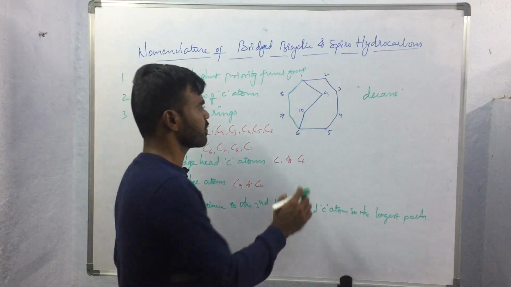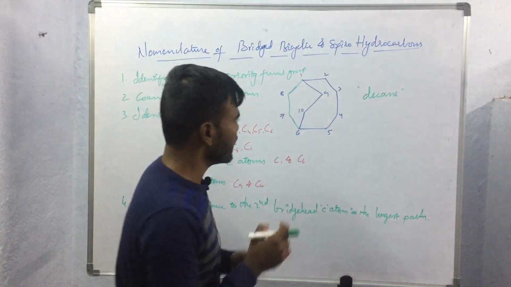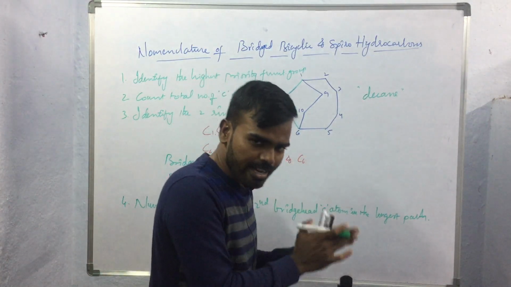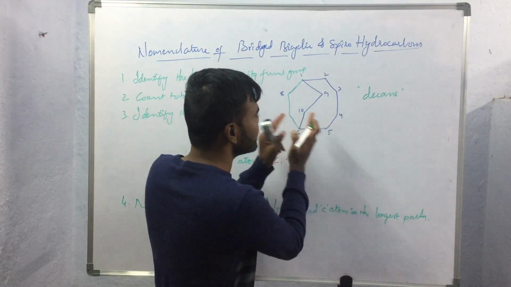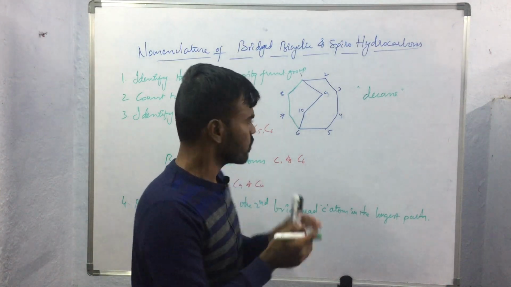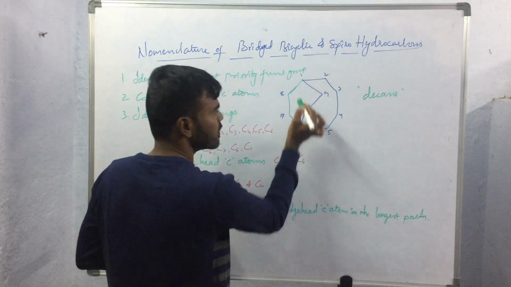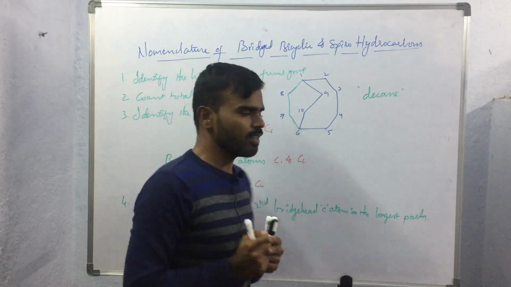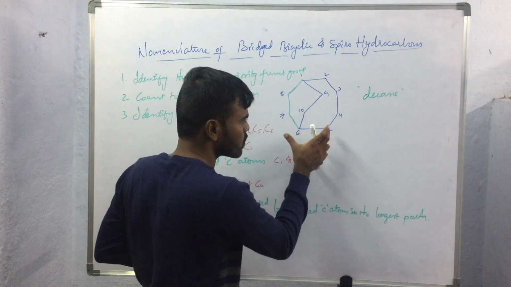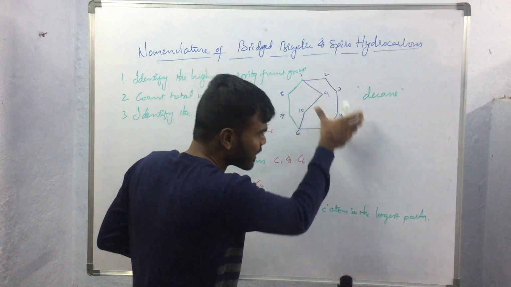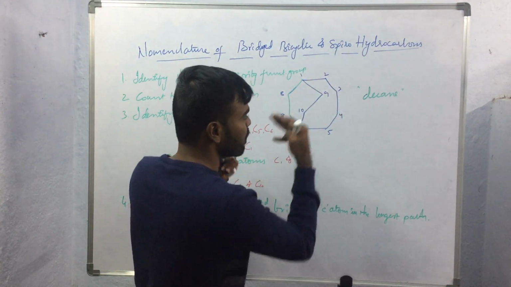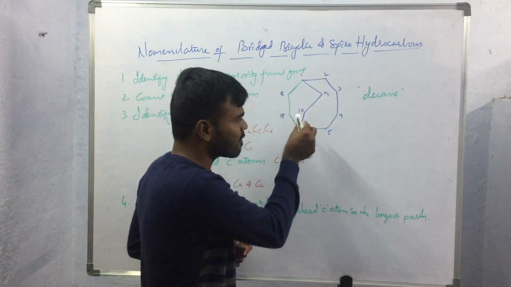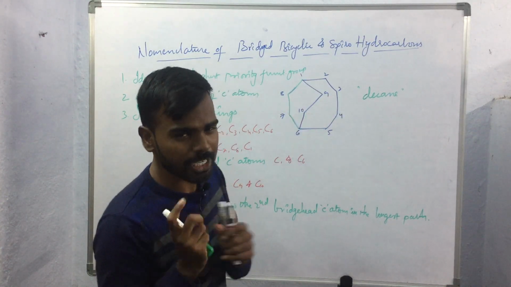Then, after numbering, we have to count the total number of carbon atoms, or atoms, that are present in each path. Here this will be one path, this will be one path, and this will be one path. Total 3 paths are there. One path belongs to the longest ring, or we can say the major ring, another path will be the smallest ring, and another path will be the bridge.